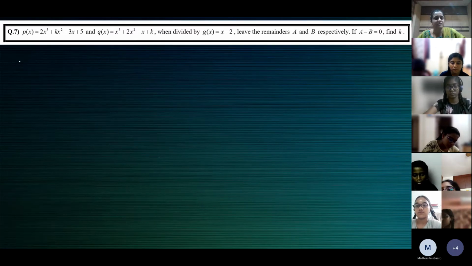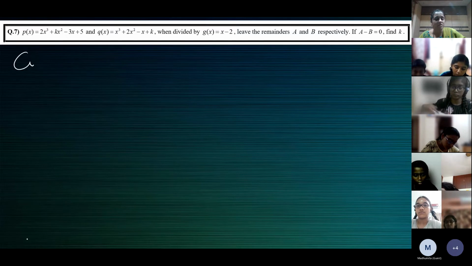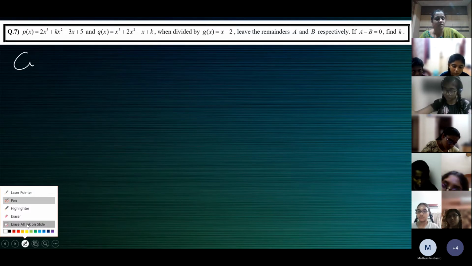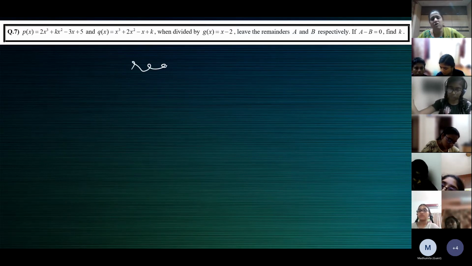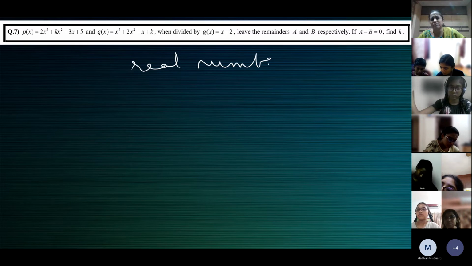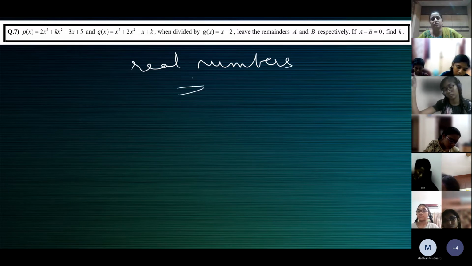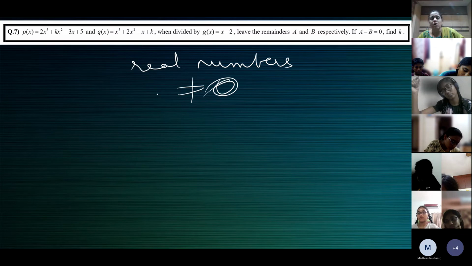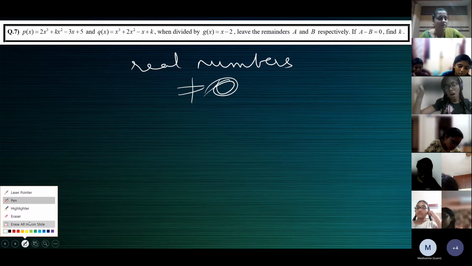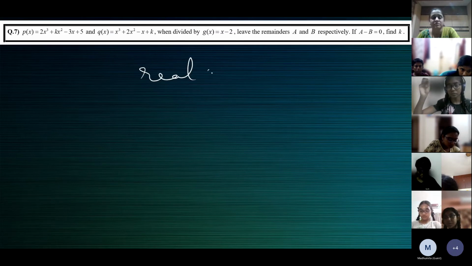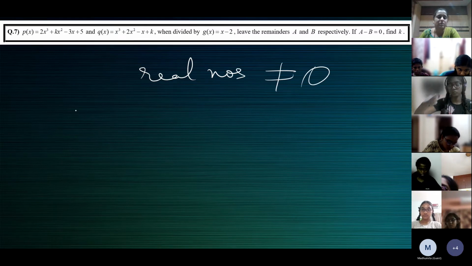Every real number, all real numbers other than 0, are constant polynomials. Constant polynomials will not have any variable in them. X, Y, Z, no.